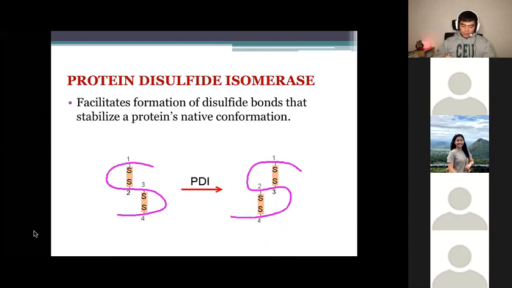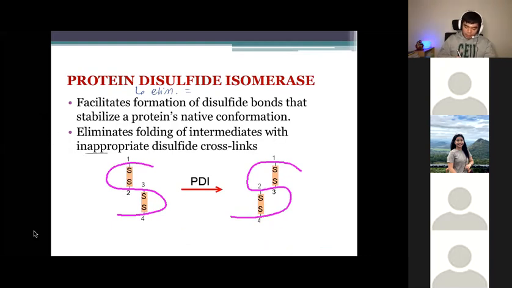So protein disulfide isomerases stabilize the tertiary and quaternary structures, and usually it eliminates folding intermediates with inappropriate disulfide crosslinks.